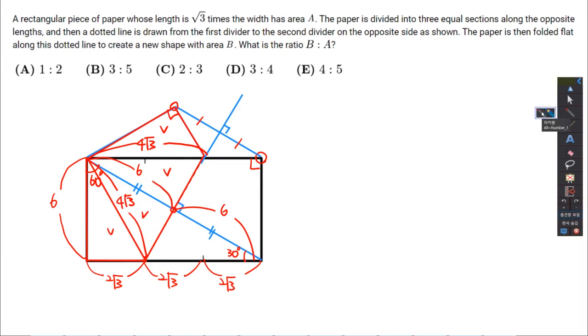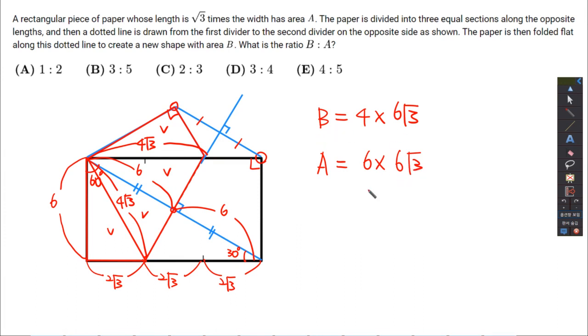So the area after folding, if that's B, that's 4 times the area of each triangle, which is 6 times square root of 3. And for A, the area of the rectangle is 6 times 6 square root of 3.